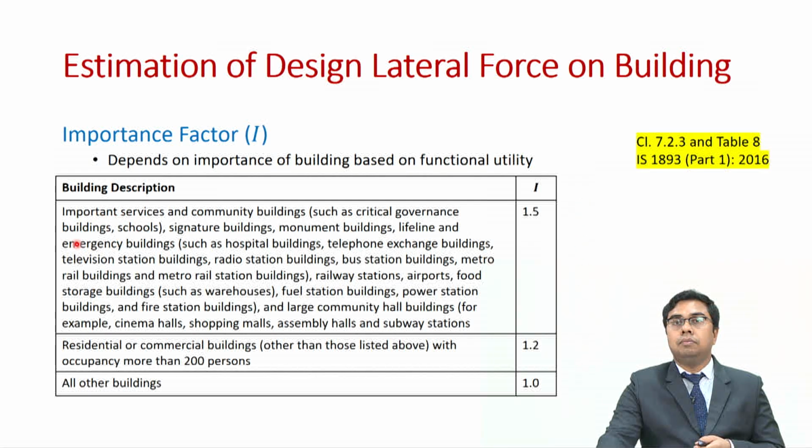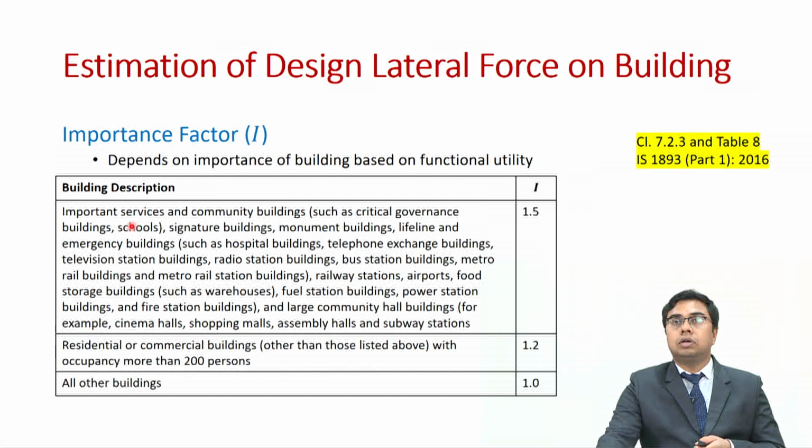So, for a typical building the importance factor shall be 1, but if you have a residential or commercial building where you have the occupancy of more than 200 persons, then in that case the building attracts an importance factor of 1.2.